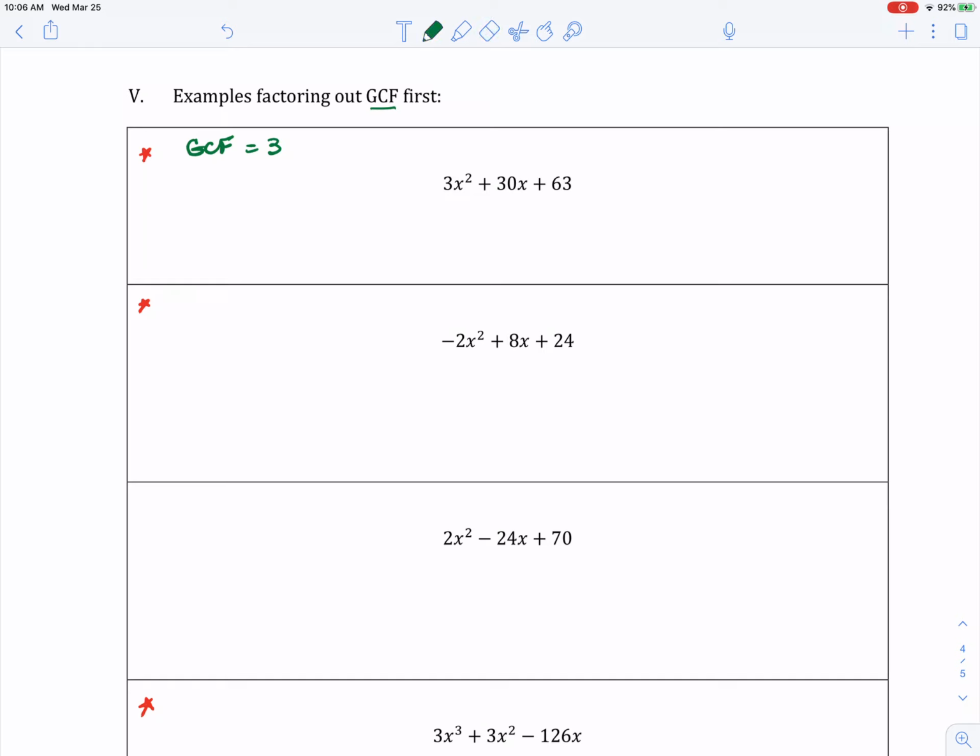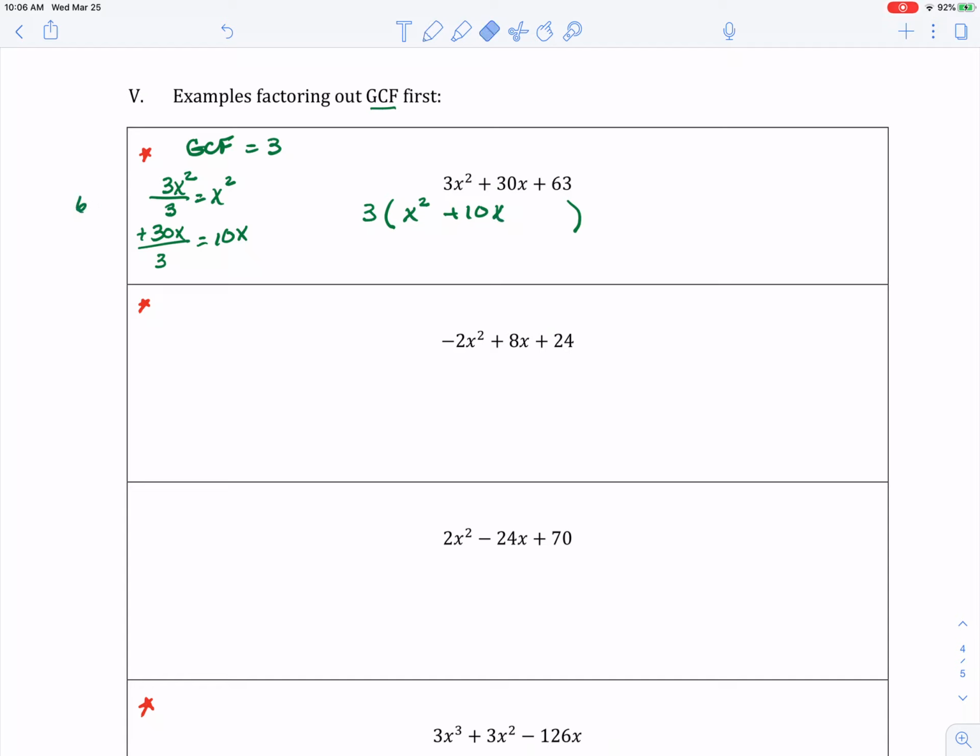I want to pull that out in front, open up the parentheses, and then remember how we did that. We take each term and we divide it by the greatest common factor. And I'm hoping by now you're comfortable with that.